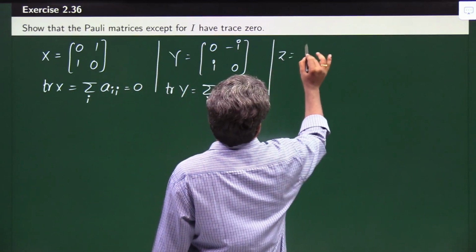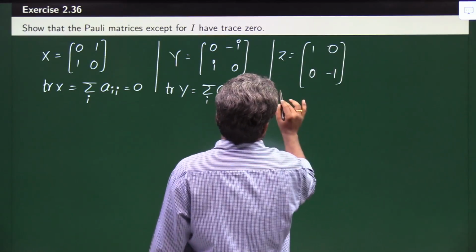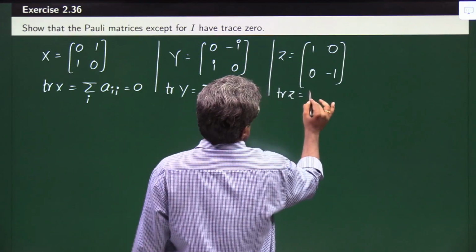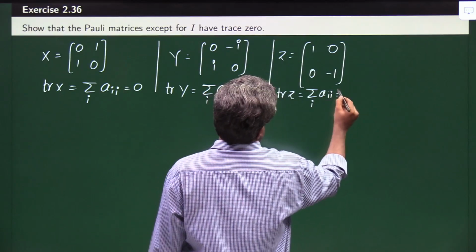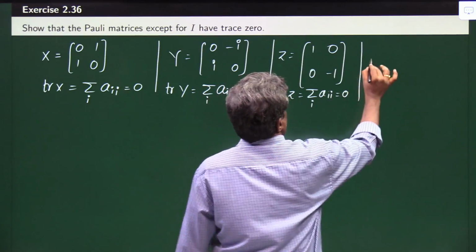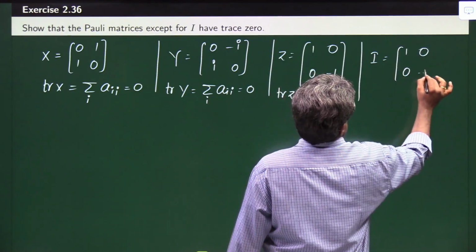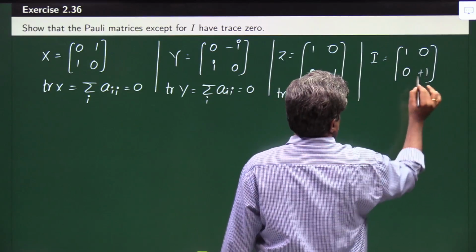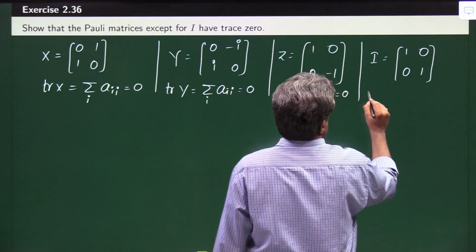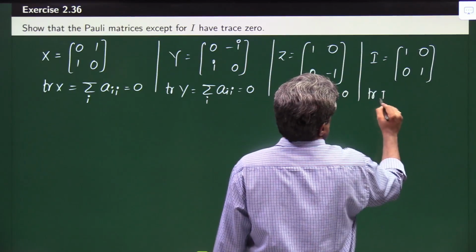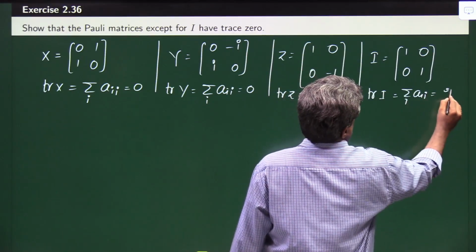And Z is 1 0 0 minus 1, and here also the trace of Z is the summation over i of a i i, which is 0. If you take the identity, 1 0 0 1, the trace of I, the summation over i of a i i, is equal to 2.